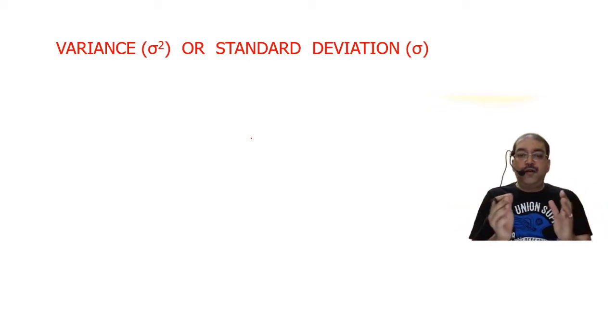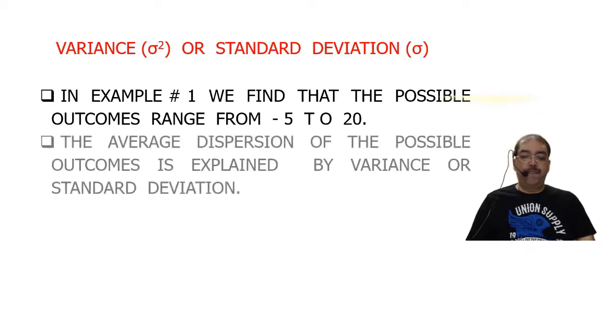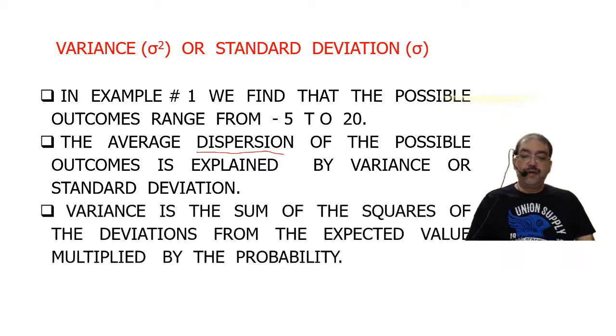The dispersion of the data is called the variance or the standard deviation. So let us see what I've got here. In example number 1, we find that the possible outcomes range from -5 to 20. The dispersion of the possible outcomes is explained by variance or standard deviation.